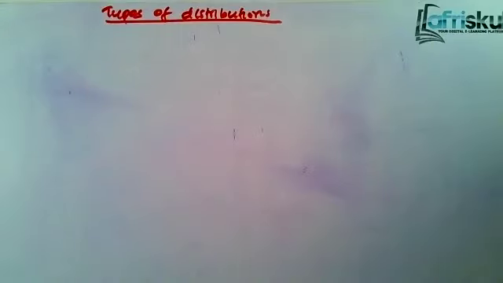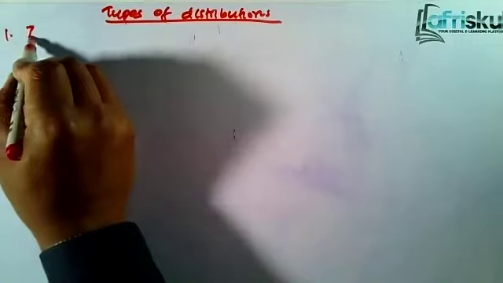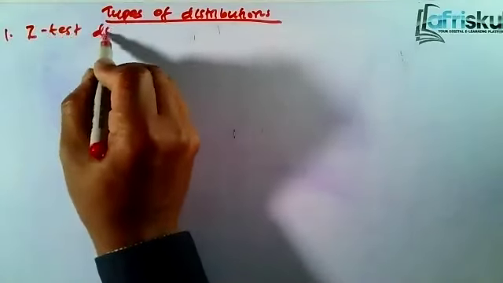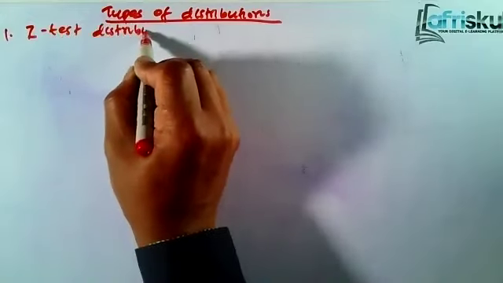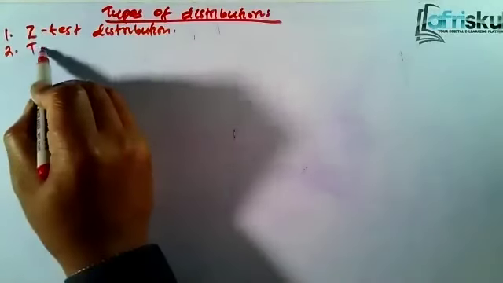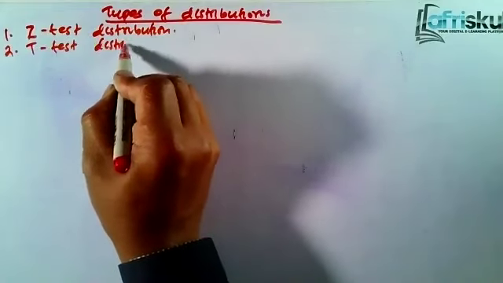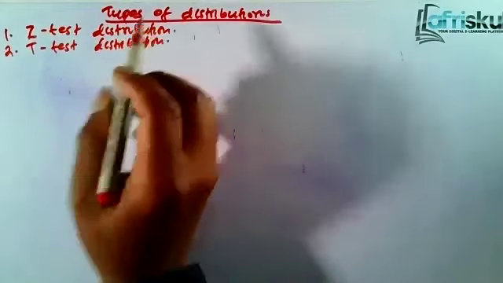Now for the distribution, number 1, we have what we call the Z-test distribution. Then number 2, we have the T-test distribution. Those are the major.